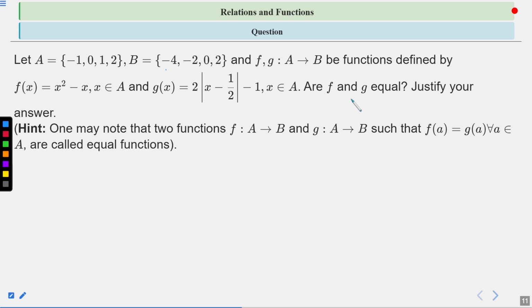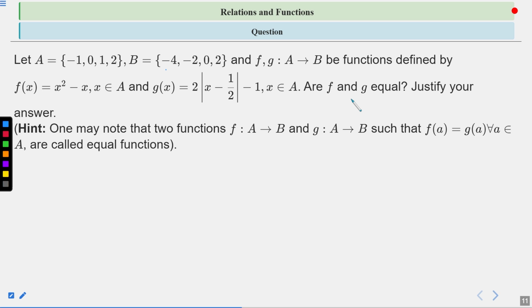We basically have to show whether f and g are equal, and we also have to justify our answer, giving a statement of why they are or are not equal.